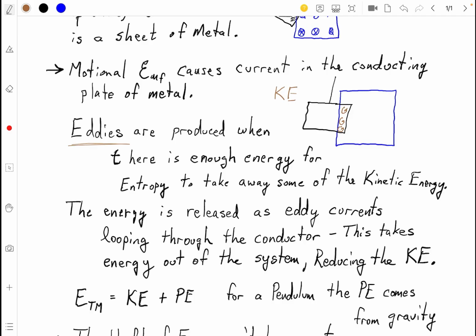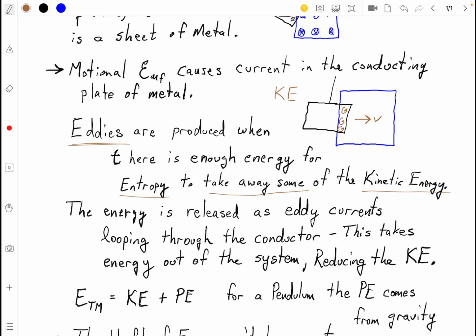So it's moving through with some velocity v, and that v is going to carry it through, and it's going to say, oh yeah, I got all this extra energy, and then entropy comes along and says, wait a minute, I got to take some of that money away from you, like taxes. It's like paying your taxes. And so it slows down.